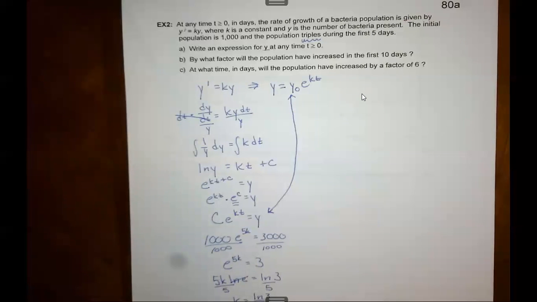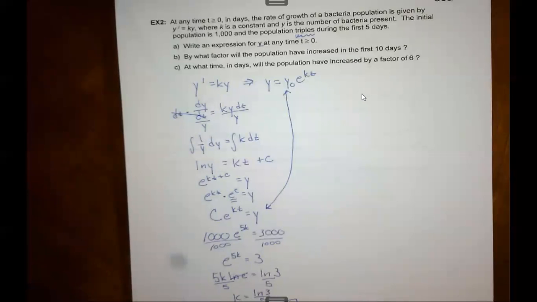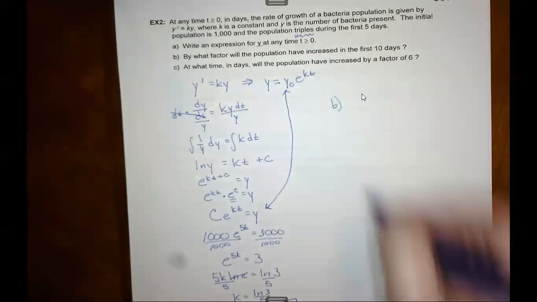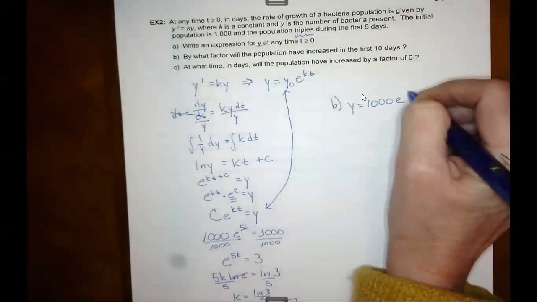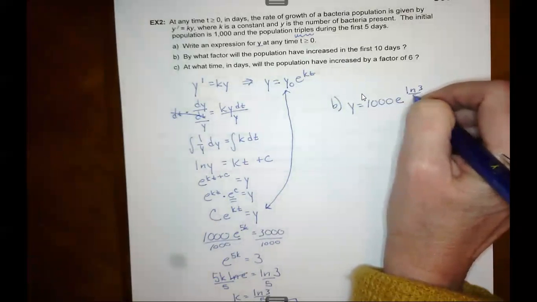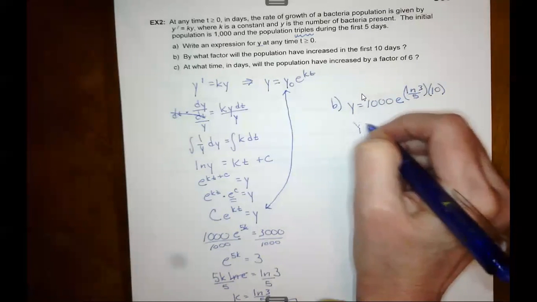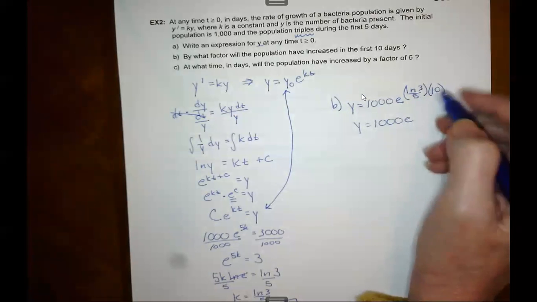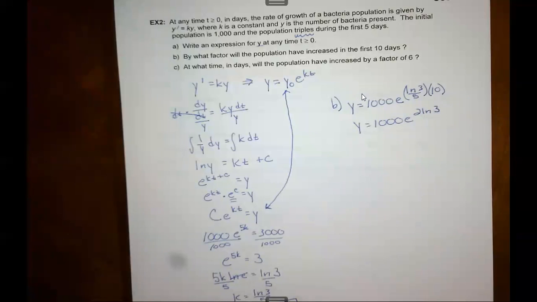Part B says, by what factor will the population have increased in the first 10 days? So 10 would be a time, so they just want us to put 10 in for our time. So y equals 1,000 e to the ln of 3 over 5 times 10 power, or 1,000 e to the 10 divided by 5, which is 2, so 2 ln of 3 power.